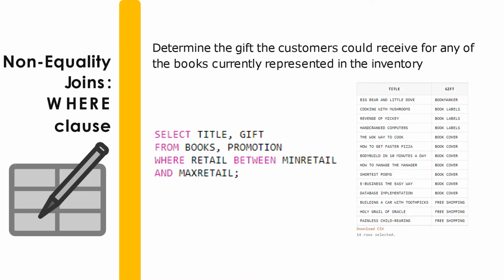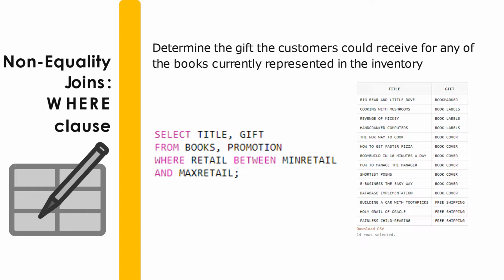As an example for non-equality join, we would like to determine the gift that the customers could receive for any of the books currently represented in the inventory. And take note, we're going to get the title of the book and the possible gift that they were going to get.